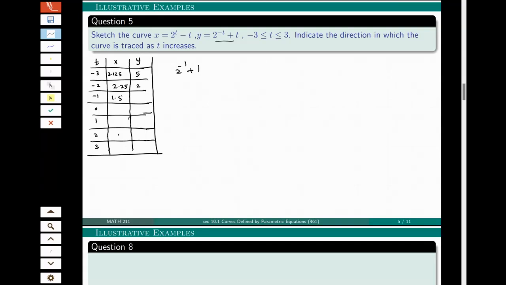For y, it will be 2 minus 1, which is 1. If I substitute 0, it will be 2 raised to the power 0 minus 0, which is 1, and for x again 1.